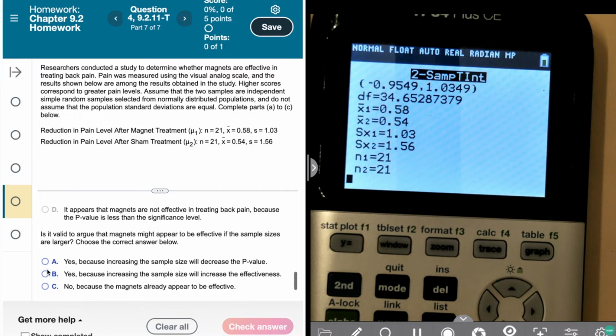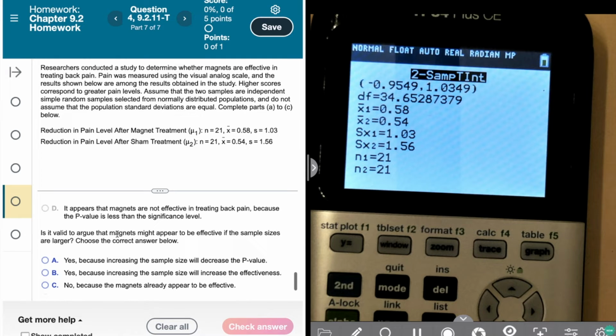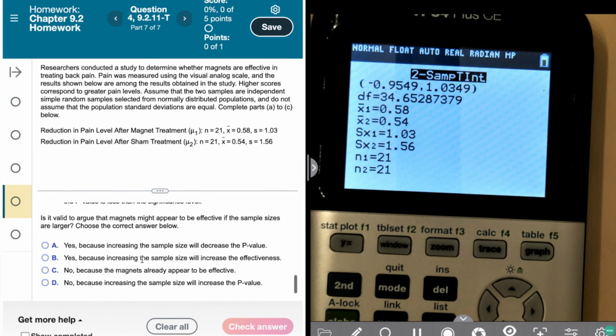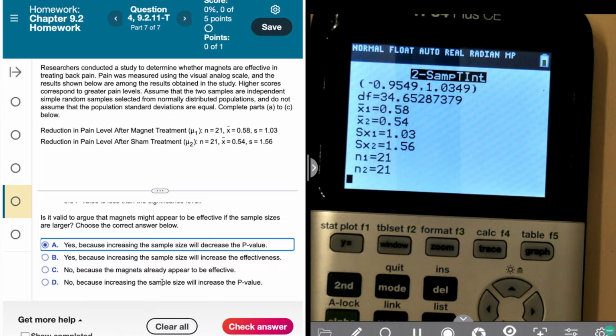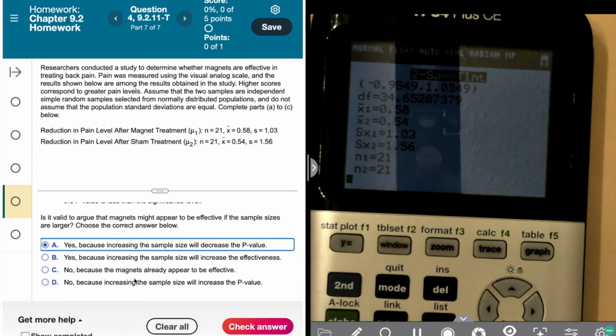This is a really interestingly worded question. All right, well, let's just say one thing. Changing your sample size doesn't increase the effectiveness of whatever you're testing at all. The more you sample, it won't make something more effective or less effective.